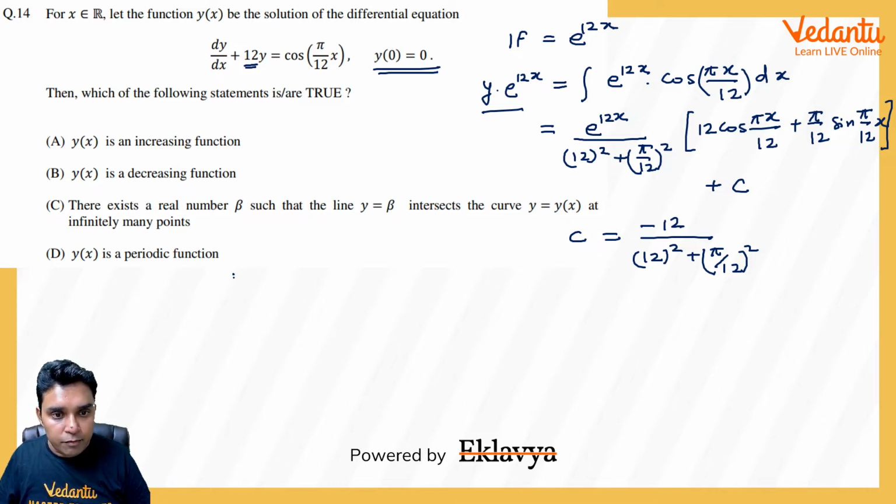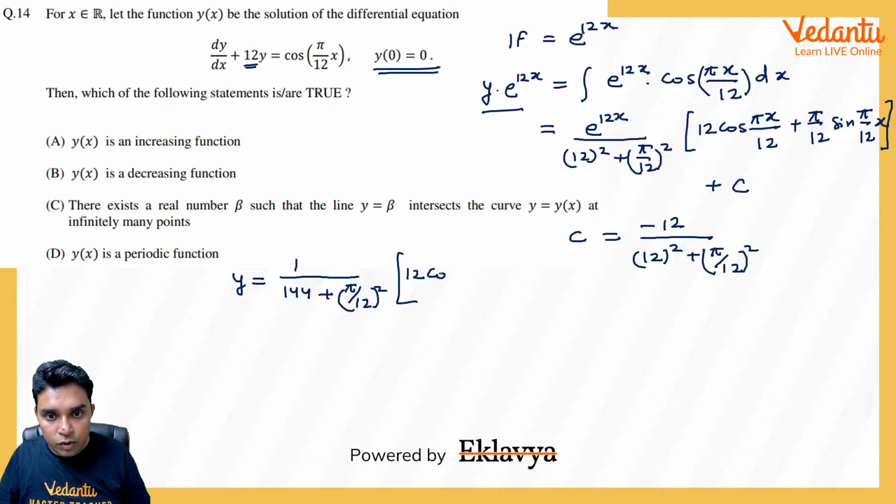So if I write y, it will become, you can check, 1 upon 144 plus pi upon 12 whole square. In the bracket we will have, e power 12x I have cancelled, 12 into cos pi x upon 12 plus pi by 12 into sine of pi x by 12.